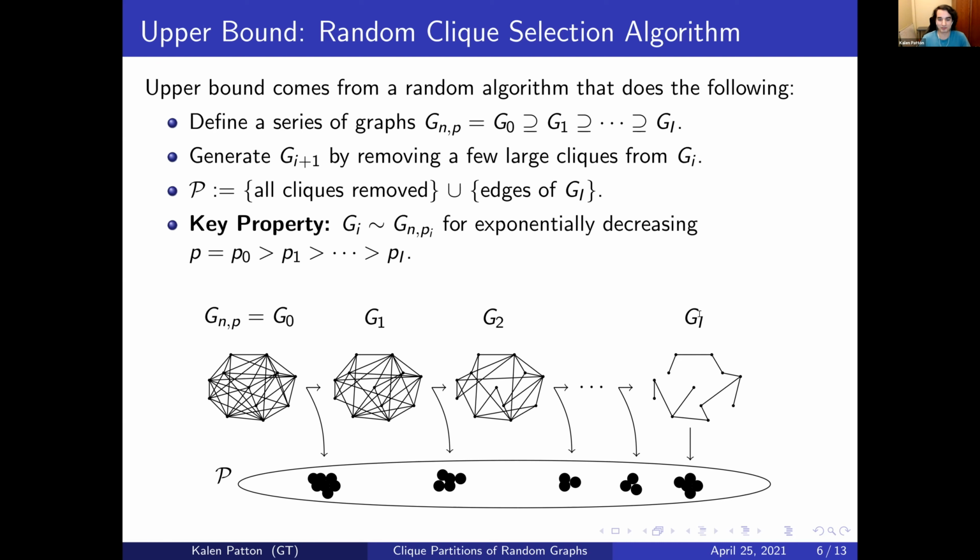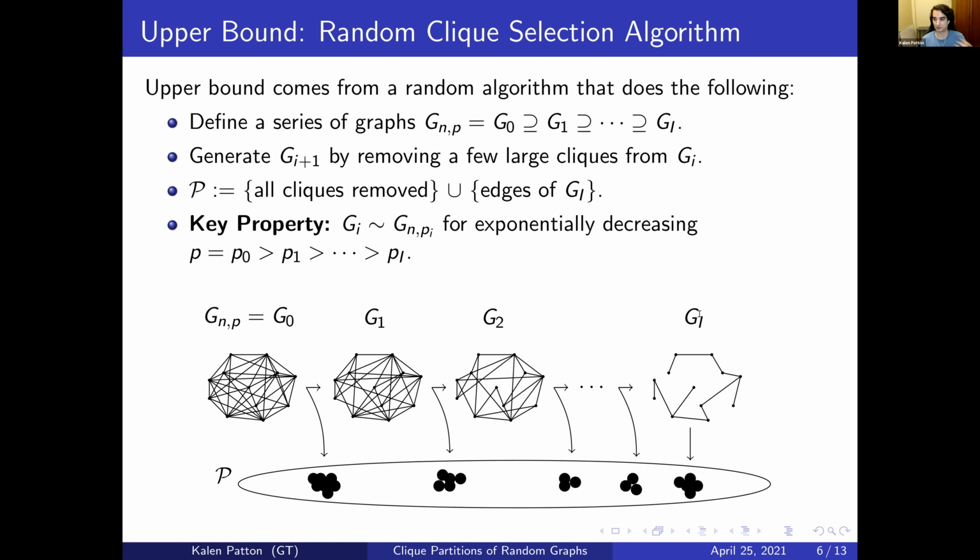The key property that allows us to analyze how many cliques we get in each step, in order to guarantee that our clique partition is small, is that if we carefully select how we choose these cliques, we can guarantee that each of these intermediate graphs G_i roughly resembles an Erdős-Rényi graph G(n,p_i) for some exponentially decreasing sequence of edge probabilities. When I say resembles, I mean in terms of its clique structure.